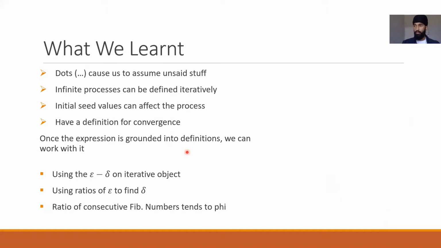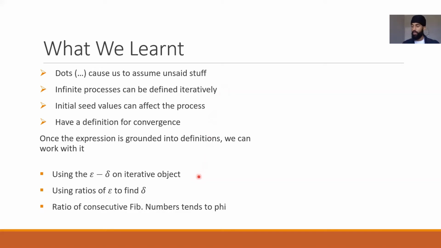So to summarize, what did we learn? We learned that the three dots in mathematics cause us to assume some unsaid stuff, which can be different from person to person. We saw how infinite processes can be defined iteratively and how the seed value can affect the process. And finally, we had a definition of convergence.